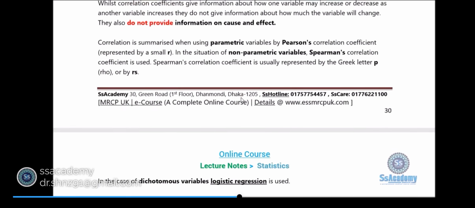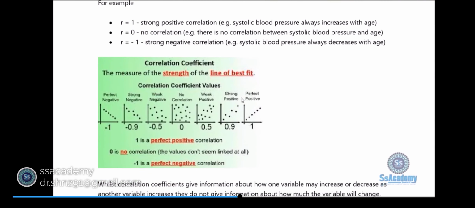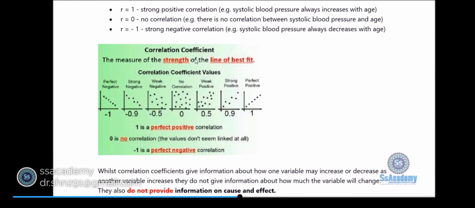Now get back here. The correlation coefficient is the measure of the strength of the line of best fit. You see the correlation coefficient values: zero is no correlation, the data are just dispersed.